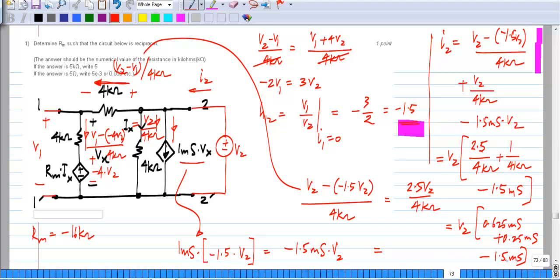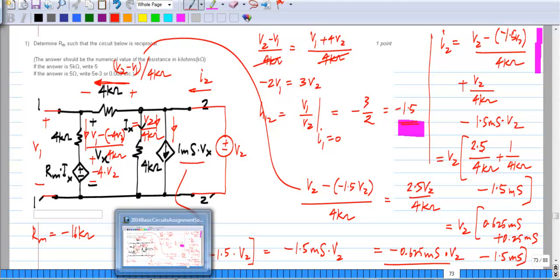So the answer turns out to be minus 0.625 millisiemens times V2. Okay.